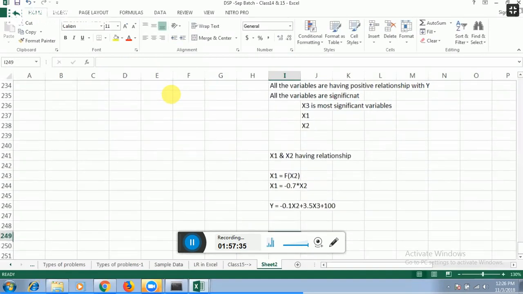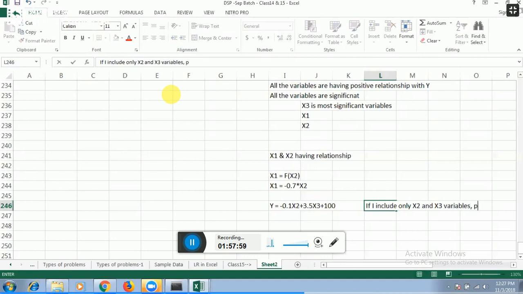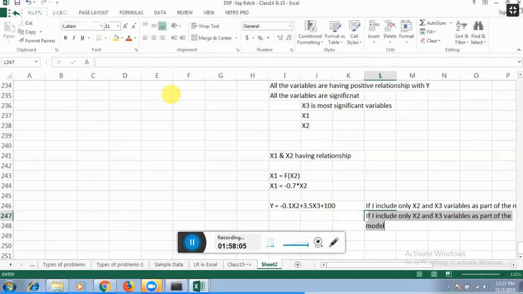So if I include only X2 and X3 as part of the model, this is my equation.